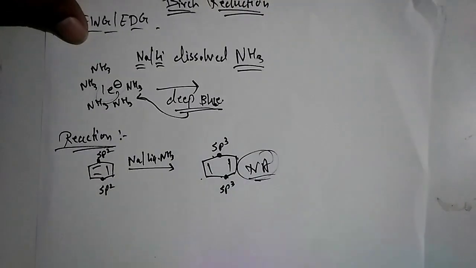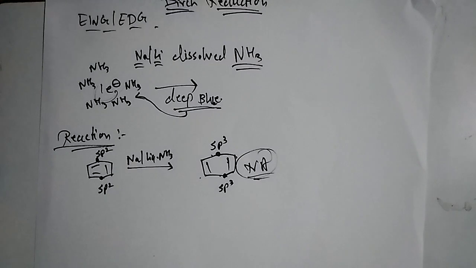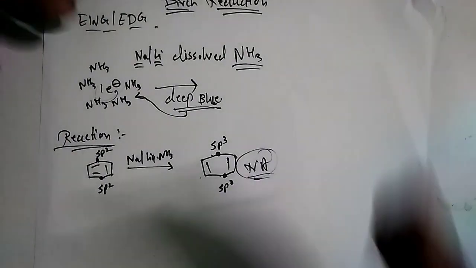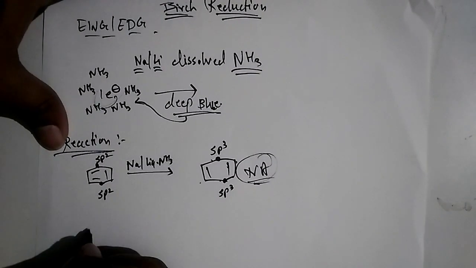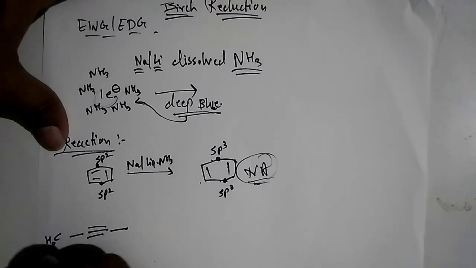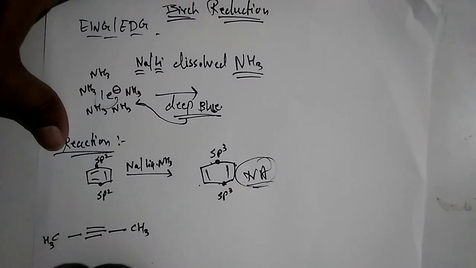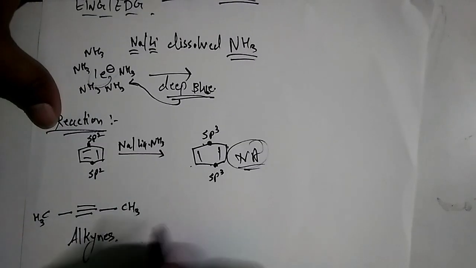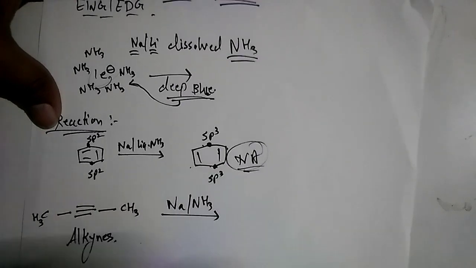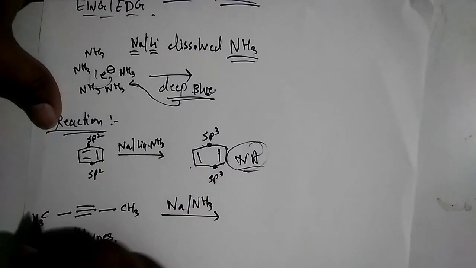You can't see any conjugation here, so it is non-aromatic. These aromatic rings are very famous examples of Birch reduction. But one must know that alkynes are also reduced in this kind of system.